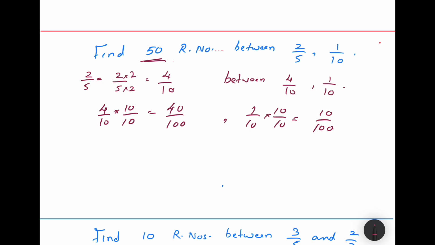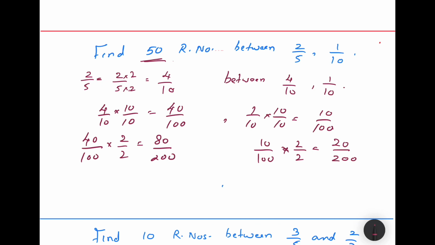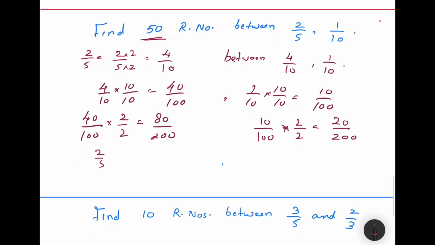So here either you can multiply by 2 or with 100. So I am going to multiply by 2. 40 by 100 into 2 by 2, so 80 by 200. This is 10 by 100 is equal to 10 by 100 into 2 by 2, so 20 by 200. So 2 by 5 became 80 by 200 and 1 by 10 became 20 by 200.